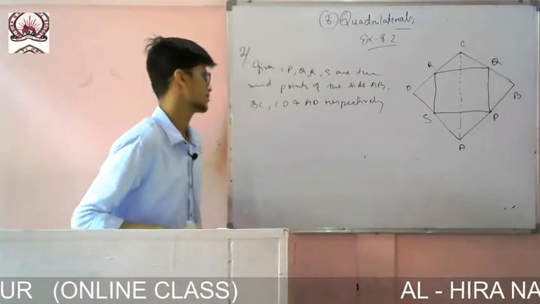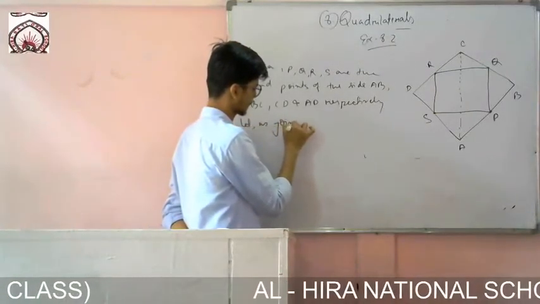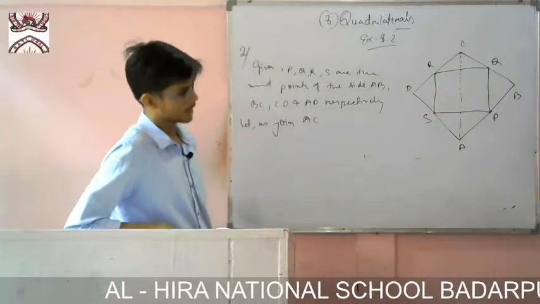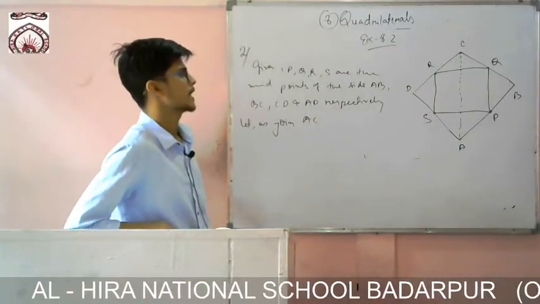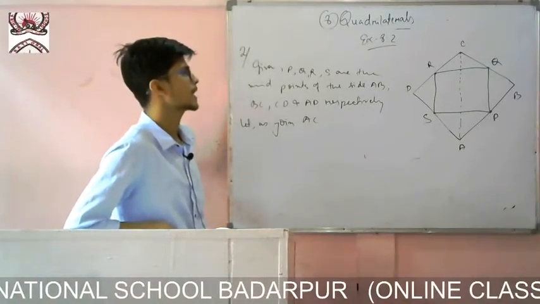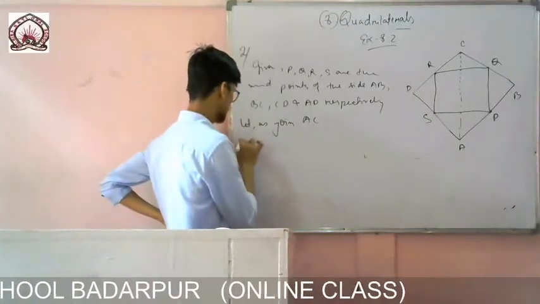So let us join AC. I have joined the diagonal AC. Now ABC is a triangle and ADC is also a triangle, and in these triangles we are getting midpoints, so directly I can use the midpoint theorem.